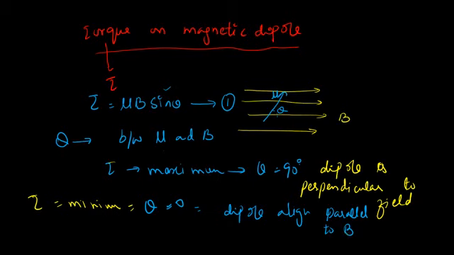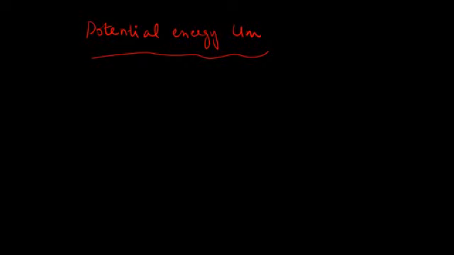Now we will discuss the potential energy of a magnetic dipole within the magnetic field, which can be represented by UM. To find the potential energy UM, we consider some reference configuration, our starting point, in which UM is equal to 0.